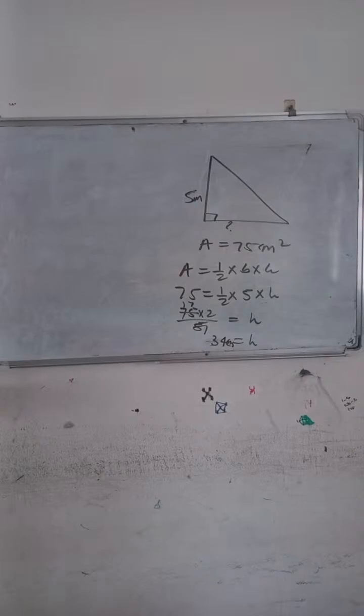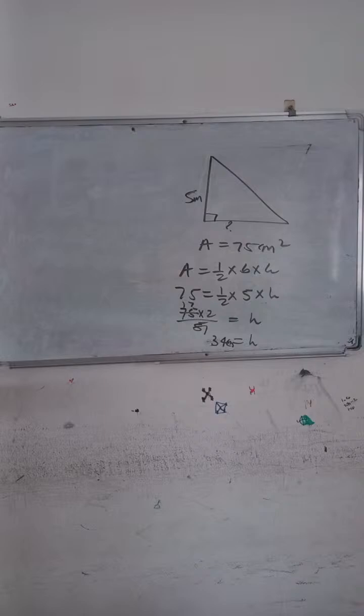Okay. Here the triangle is a right angle triangle. Right angle triangle means one angle is 90 degree. One of the sides is given as 5. Then another side we have to find out. So area of a right angle triangle is nothing but half into base into height.